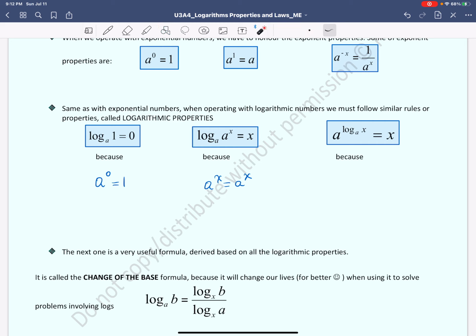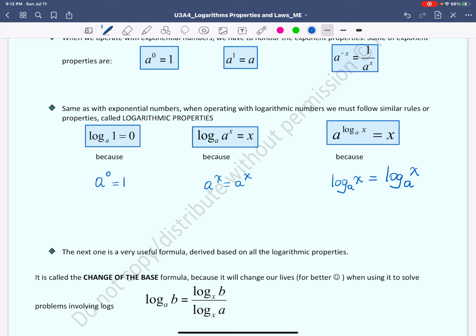That's because the exponent, log with base a of x, is what we need to raise the base a to in order to obtain the exponential number x. So the exponent we need, or the log we need, to raise the base a to obtain x.